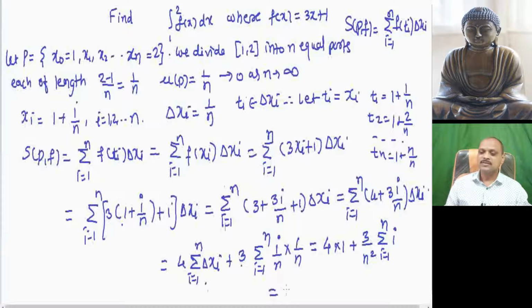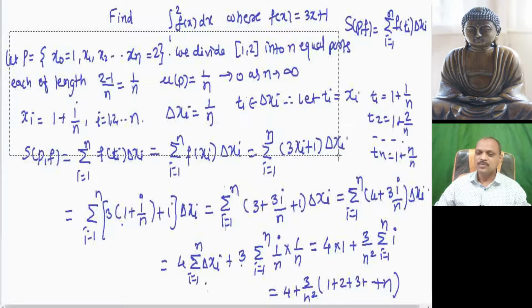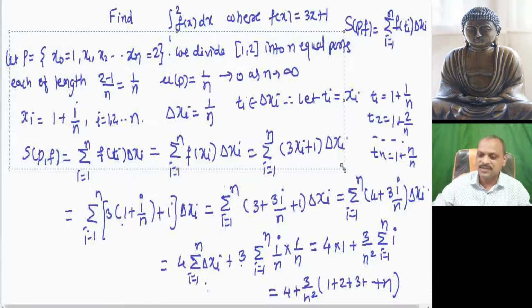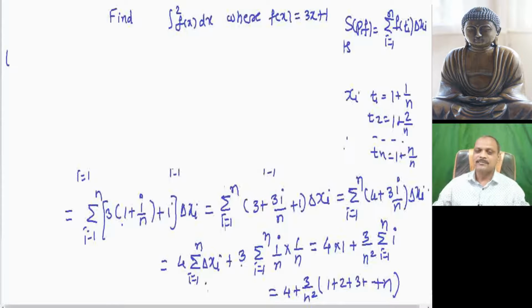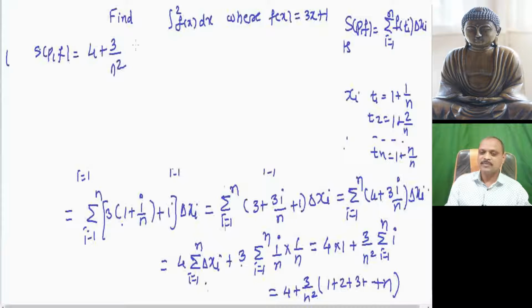So what we get is 4 plus 3 divided by n square into 1 plus 2 plus 3 plus up to n. For 1 plus 2 plus 3 plus up to n we have a standard formula, so the Riemann sum we get now is 4 plus 3 divided by n square into n into n plus 1 divided by 2.